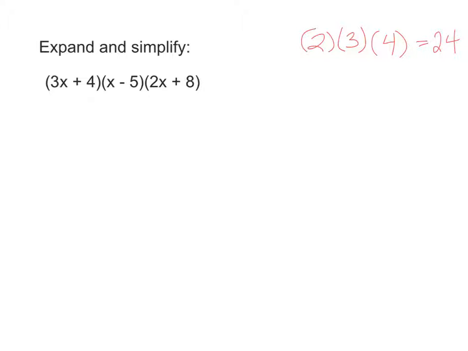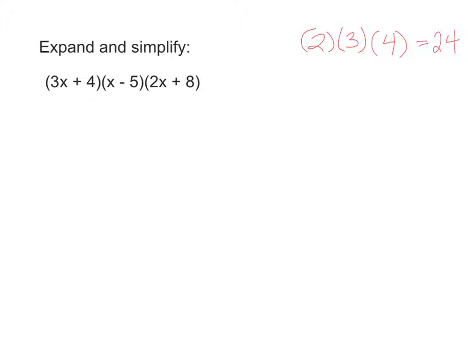Or you could do 4 times 3 is 12, and then multiply by 2. You still get the same answer. Same thing here. So you might decide to do 3x plus 4 times x minus 5. Or you might decide to do x minus 5 times 2x plus 8 first, and then multiply by the other one. Doesn't really matter. It's up to you. Again, this is just personal preference.